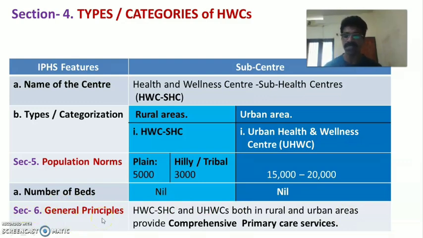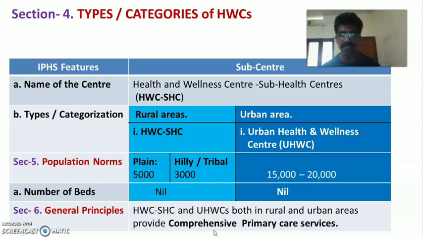So the general principles have to be followed by the sub-health center. Both the health and wellness center, sub-health center and urban health and wellness centers, in rural and urban areas, have to provide comprehensive primary health care services. There are 12 components in comprehensive primary health care. I have already uploaded a video about comprehensive primary health care.